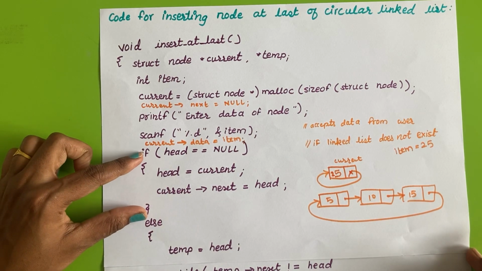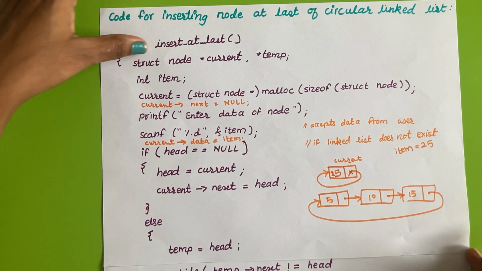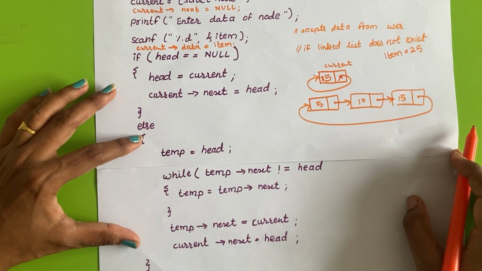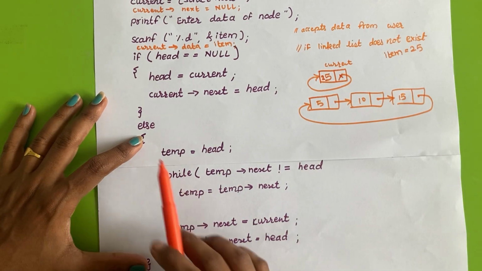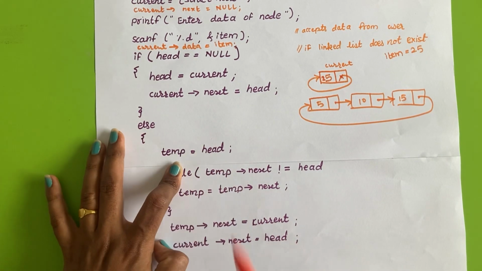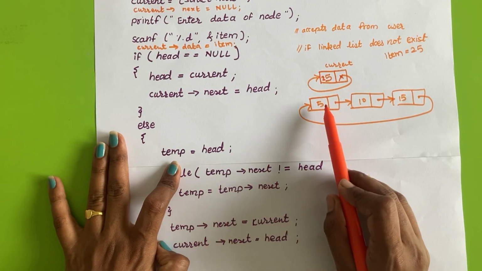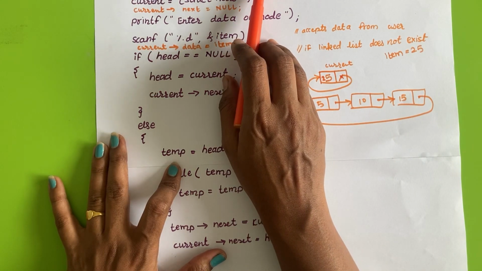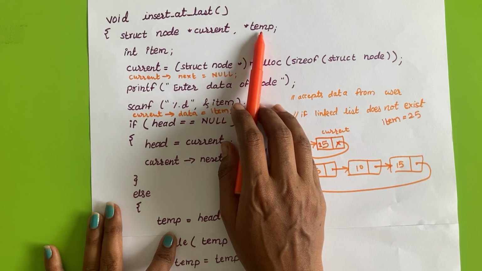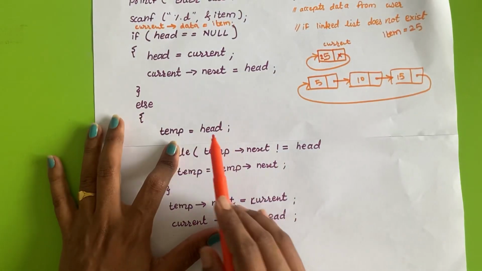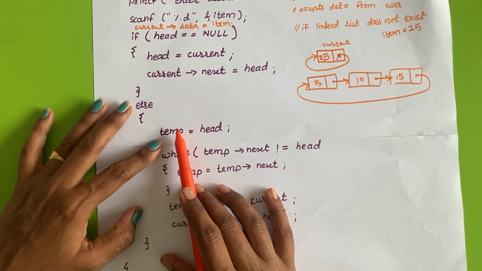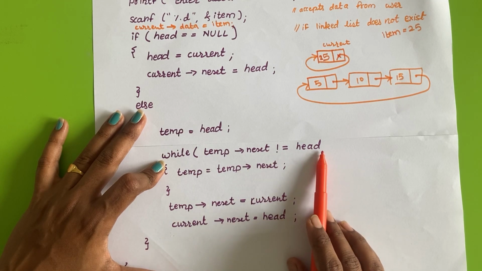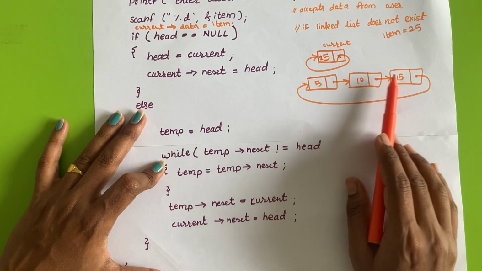Okay, and if this is not the case, means if we have the circular linked list containing number of nodes, so in that case this else part will cover. So in the else, first we have to traverse the linked list from head to tail node. So for that purpose we want the temporary node, that we have taken here named as temp. So I'll assign this head to temp for traversal. So while temp next not equal to head, we have to update this temporary node.